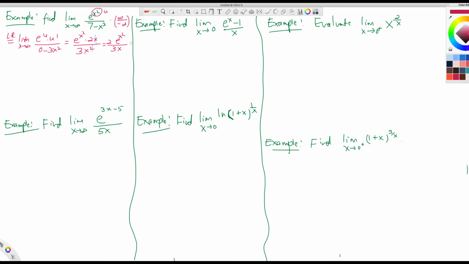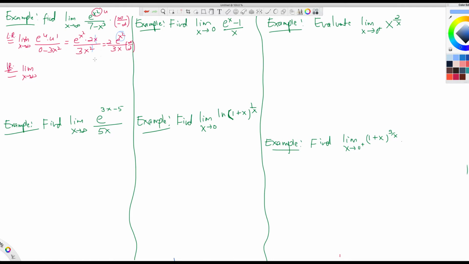So it is still infinity over infinity. You see that? That is still infinity over infinity form. So we need to use the L'Hopital's rule again one more time. I want to write down limit x tends to infinity. Again, you can take this as e to the u, right?